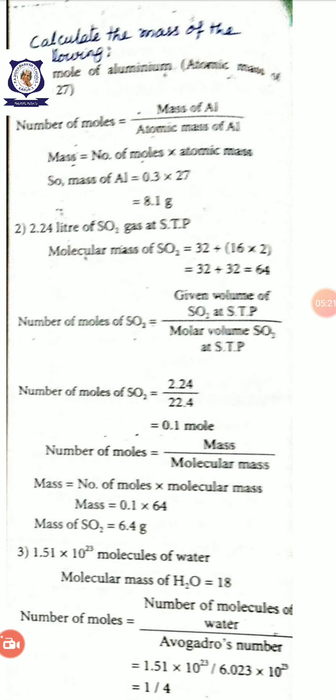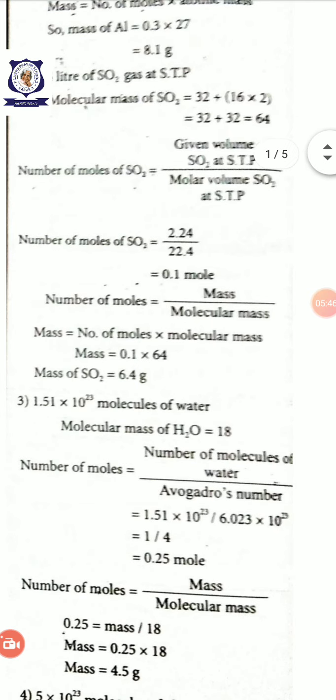So 64 into 0.1, we may get mass of sulfur dioxide is equal to 6.4 grams. See, this is the first question. Moles of aluminium is given, so we find out the mass. In the second case, volume of sulfur dioxide is given. From this we calculate mass of sulfur dioxide.